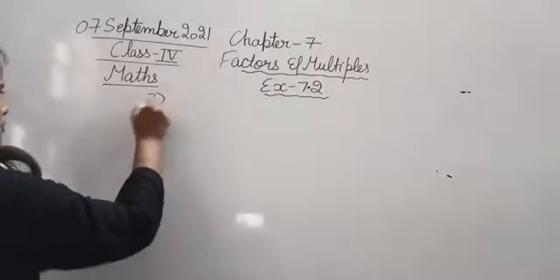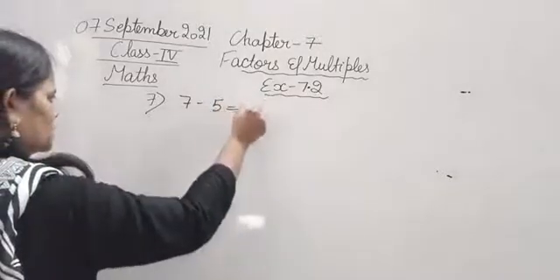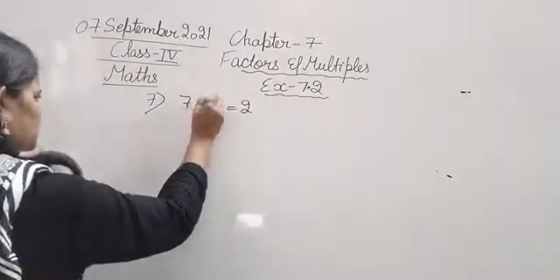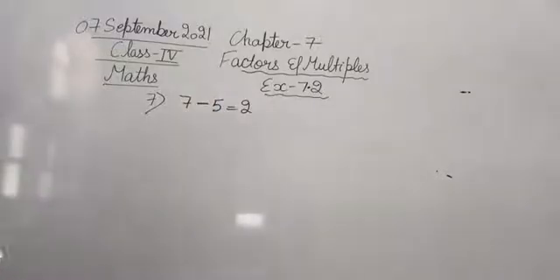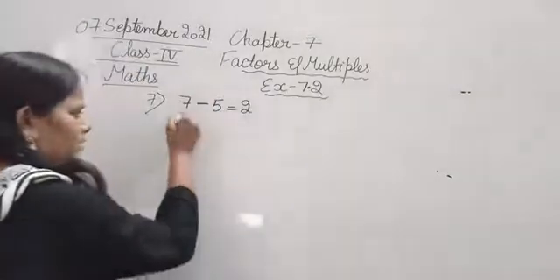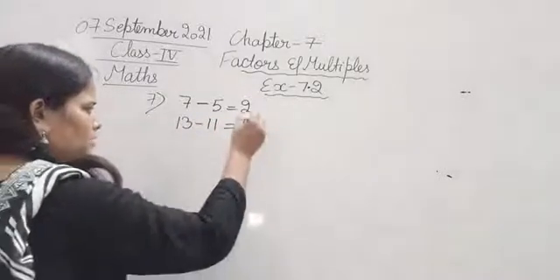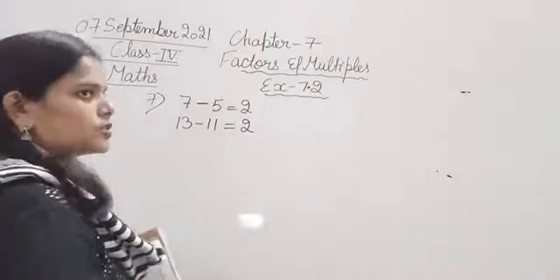7 minus 5 is equal to 2. They both are prime numbers and their difference is 2. Then 13 minus 11, that is also 2.